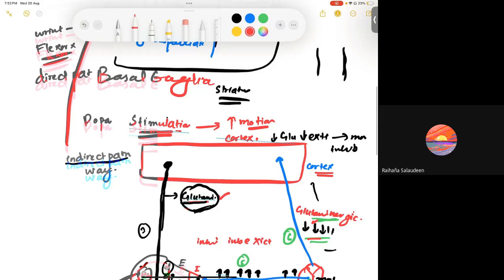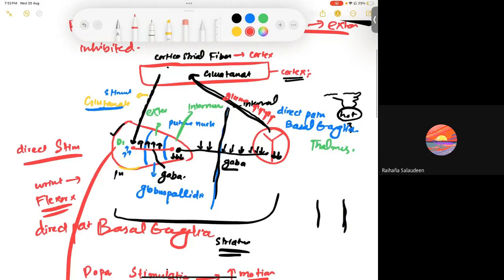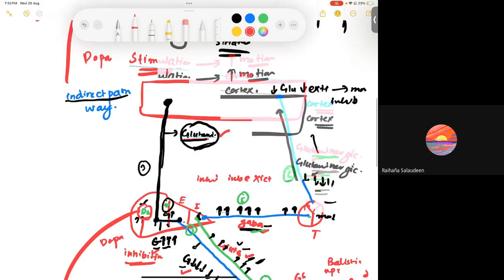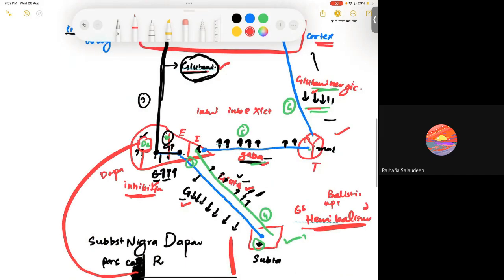So can I say that dopamine causes excitation in both the direct and indirect pathways, right? It's to help movement. It's going to help an individual to move. That's all, right? It's basically going to give that kick start for movement.